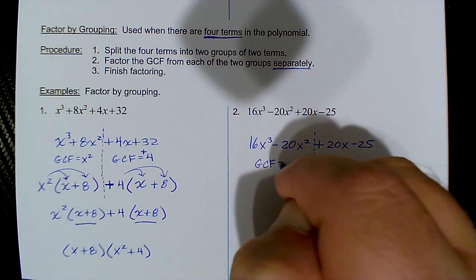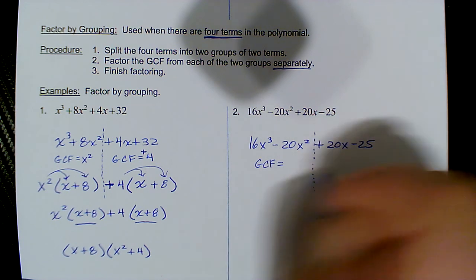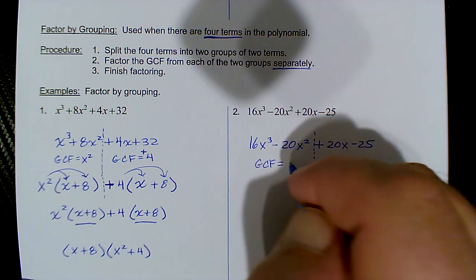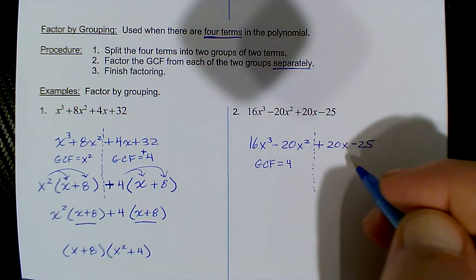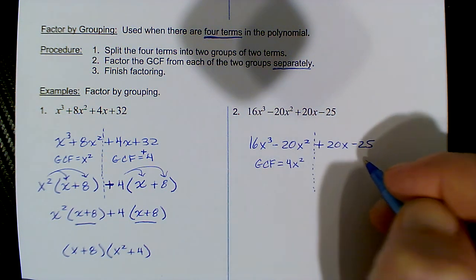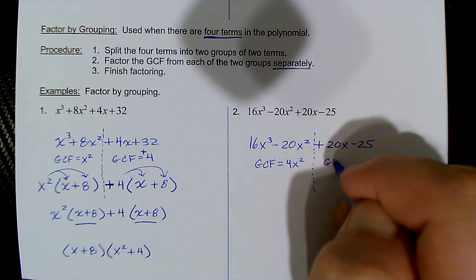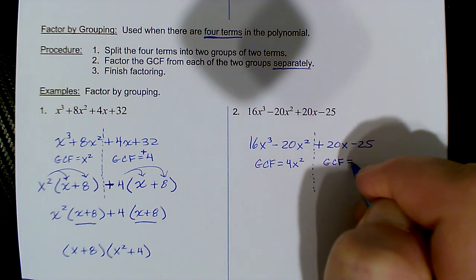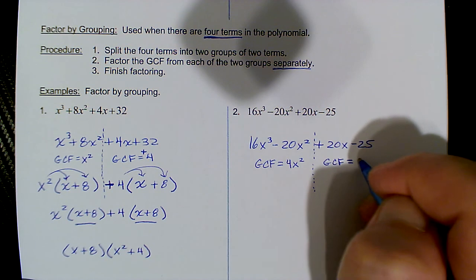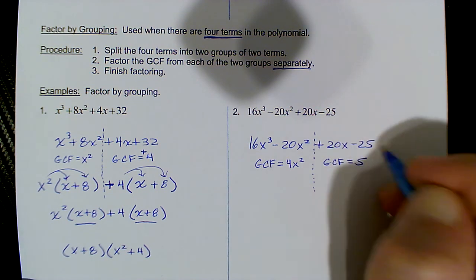I mean, you could jump right to the factorization, but between 16 and 20 I'd need a 4, and between the x cubed and the x squared, x squared. The greatest common factor for the second group of 2 is just going to be 5. It's common between 20 and 25.